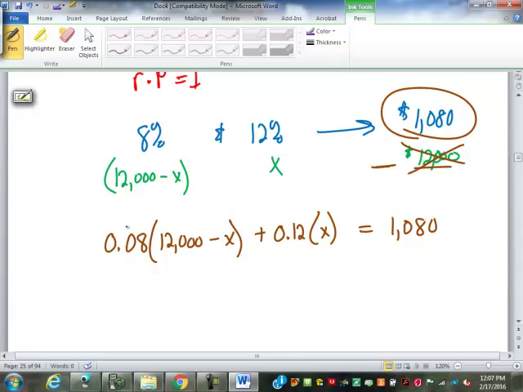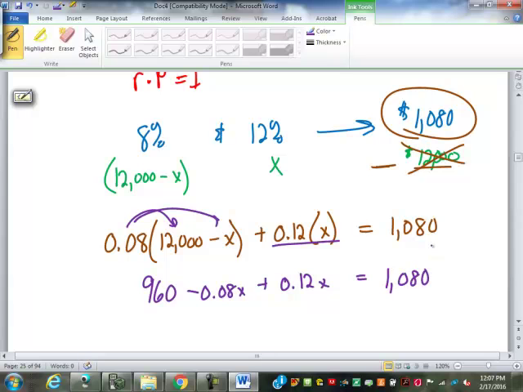So 0.08 times 12,000 is 960. 0.08 times negative x is a negative 0.08x. Plus 0.12 times x is 0.12x equals my 1,080.